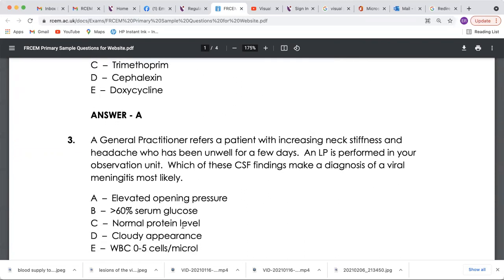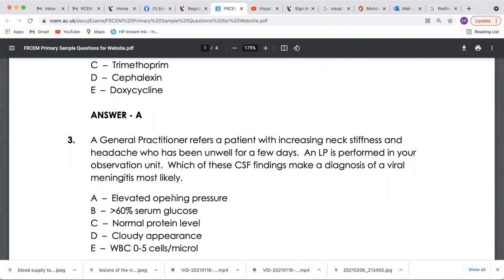Right. Elevated opening pressure, more than 60% serum glucose, normal protein, cloudy appearance, WCC 0 to 5, which is normal. So I would say the most specific for viral meningitis is none of these: not protein, cloudy or normal cells, or even opening pressure.